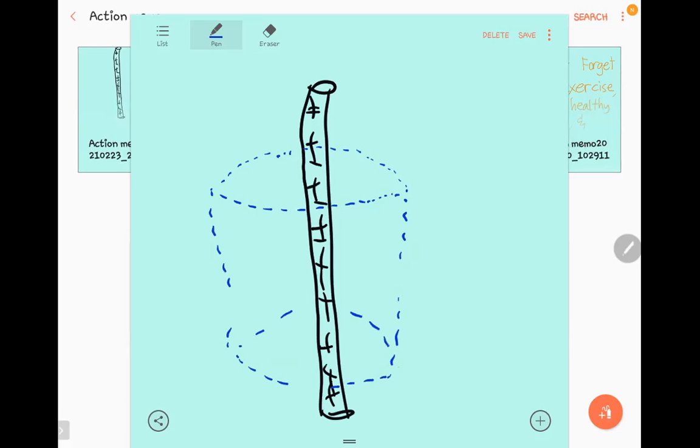Okay, so for example, this one is the imaginary cylinder. And we have some given facts. So we have the radius of the wire, which is 2 millimeters.